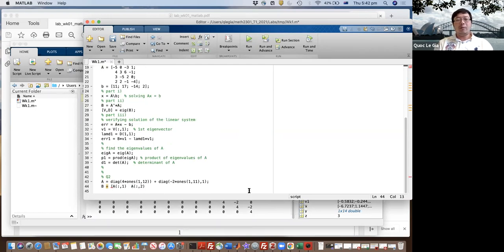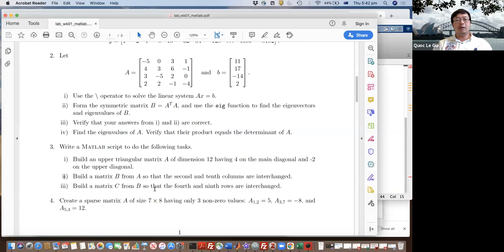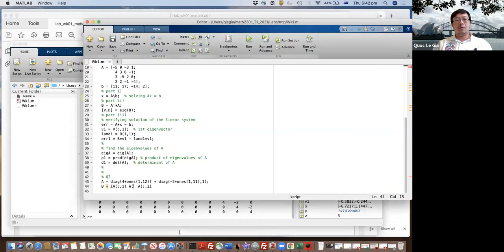Suppose you put in from A from 1 to 12, then the second should get interchanged with the 10th. So this one should be the 10th, and then this one is at the 10th column.